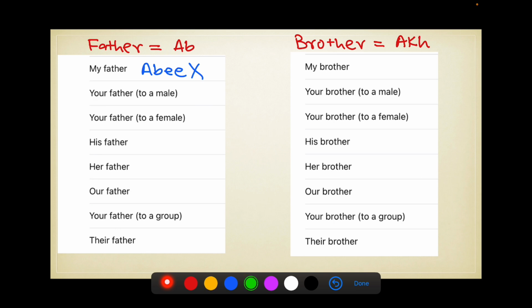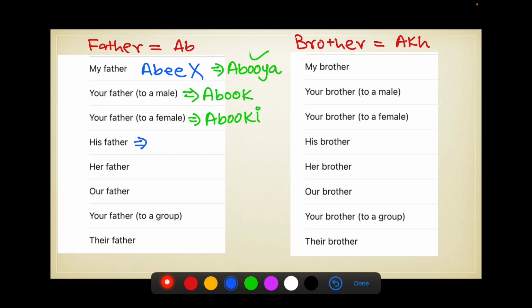What actually is correct is abuya. And for your father, while talking to a male, you have to say abuk. And while talking to a female, you have to say abuki, not abuik. You have to write abuki.